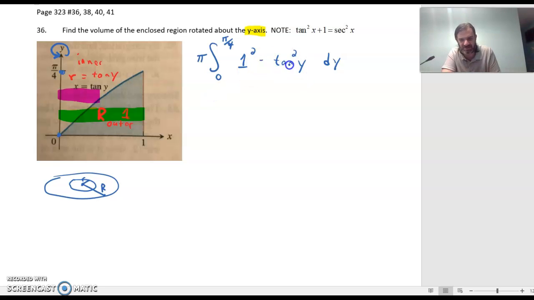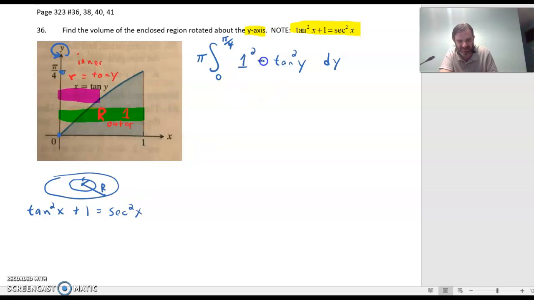So just a little bit of note here. Tangent squared is something that is a little bit interesting to integrate, and we've never done that at this point in this course. So what I'm going to do is go back up here to the note. Tangent squared plus 1 equals secant squared, and that's a variation of the Pythagorean theorem. So if we take that to work with, we can isolate that tangent squared.